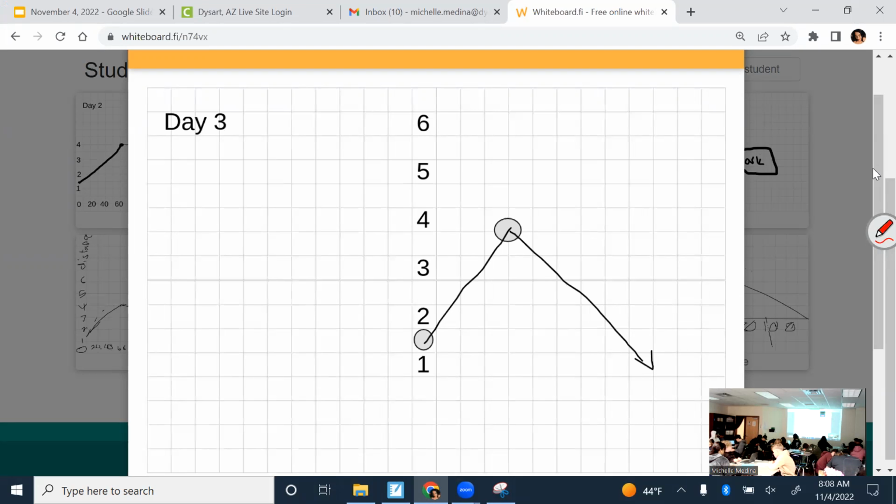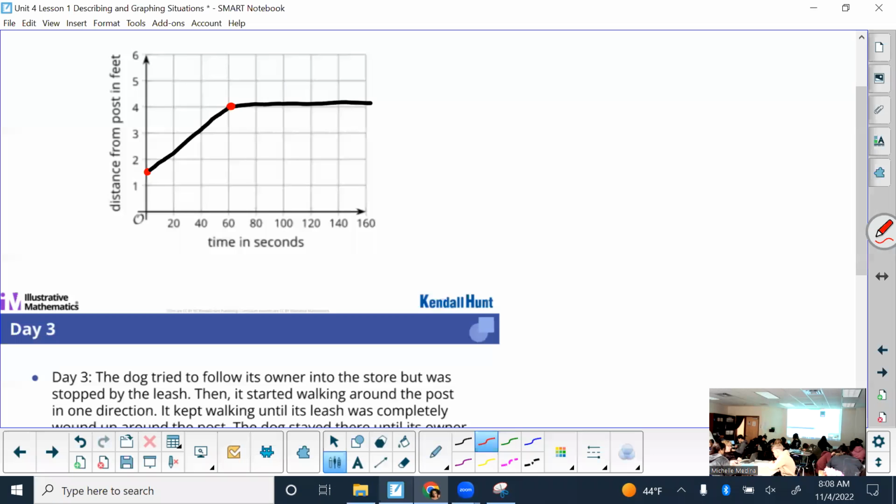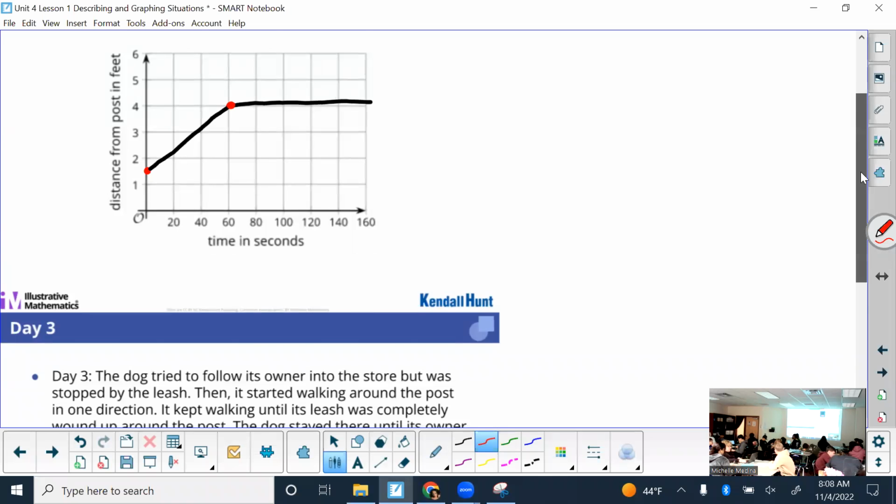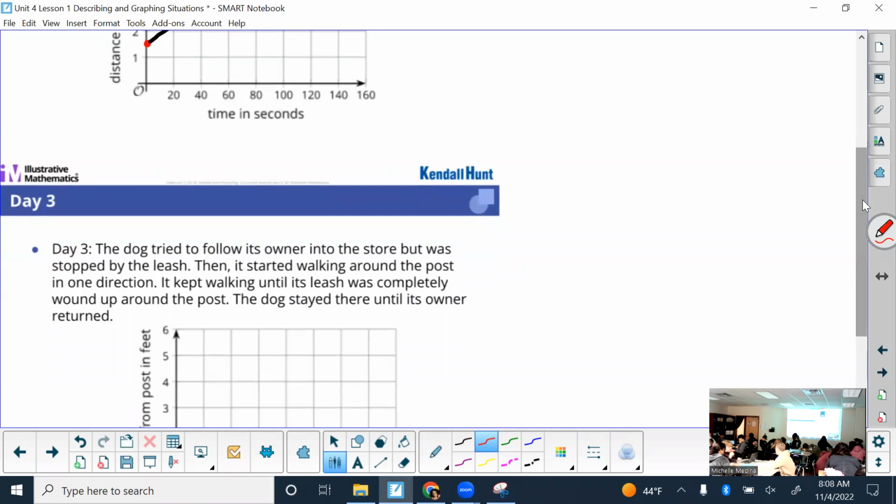For the following its owner into the store, but stopped by the leash, that means that the leash would have to be fully extended or close to the post.